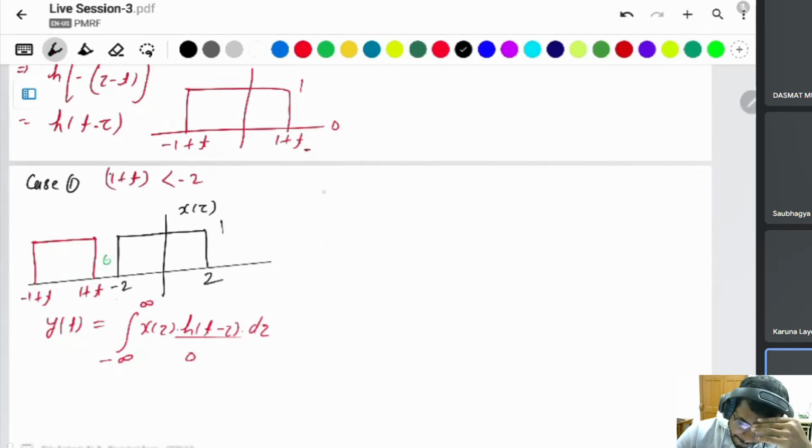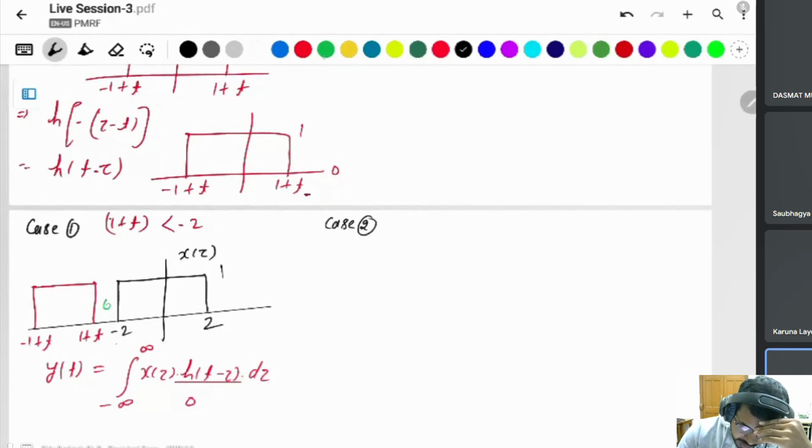Okay, case two. In the second case, suppose 1 plus t is greater than minus 2 but less than 2. It means this will be somewhere here. 1 plus t is greater than minus 2, and the same, 1 plus t is less than 2. In this condition, you can simply say t is less than minus 3.